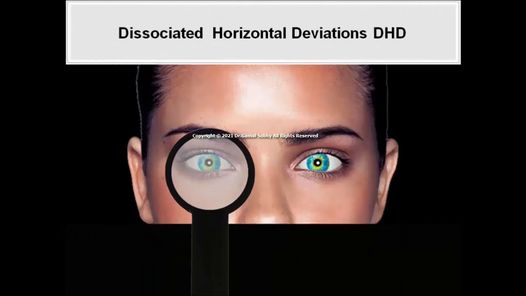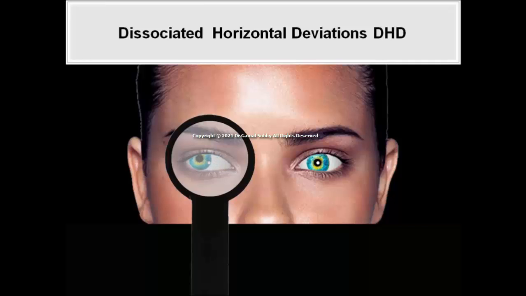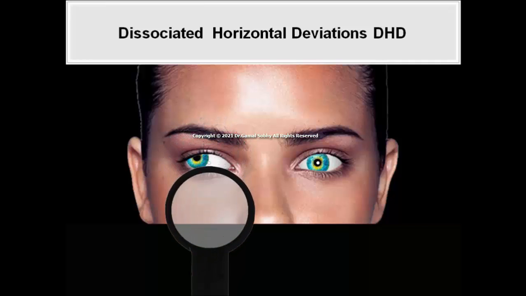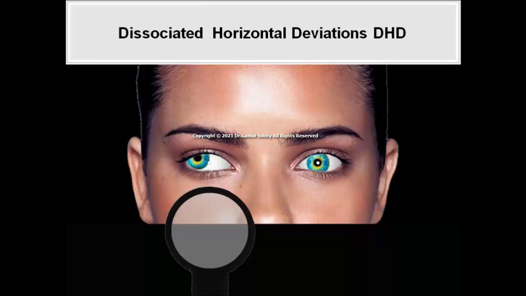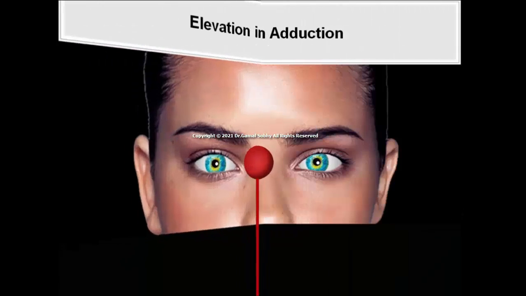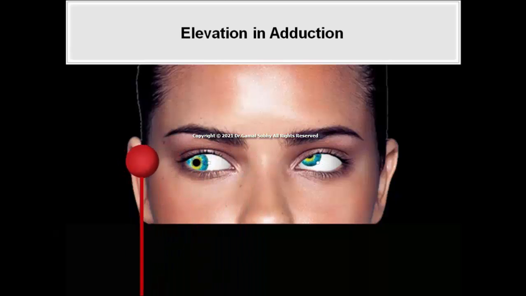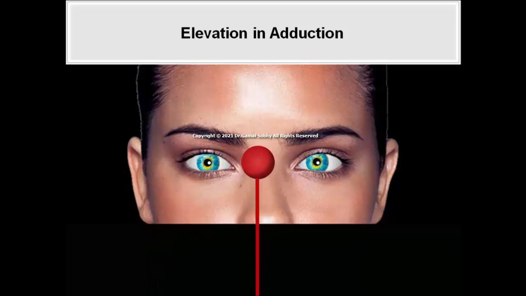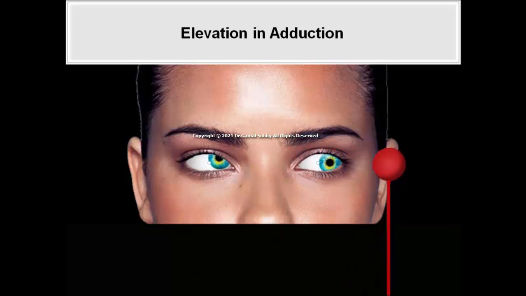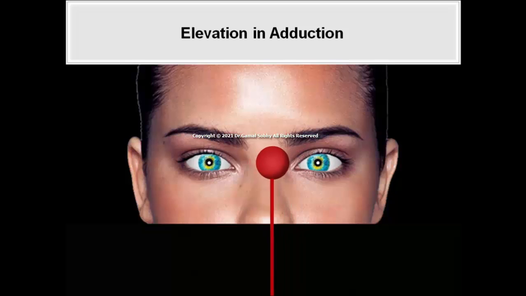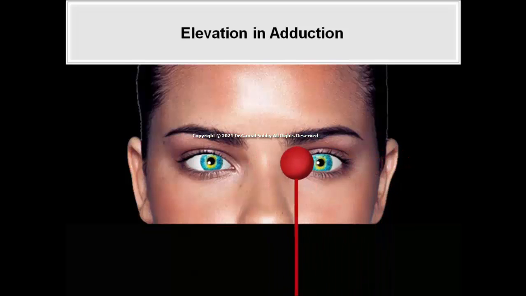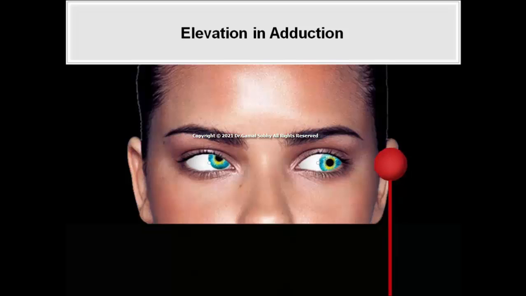Dissociated vertical deviation is characterized by intermittent, asymmetrical abduction and elevation of the dissociated eye. Elevation in adduction may be unilateral or bilateral. Upshoot in adduction in its bilateral form is characterized by left hypertropia in dextroversion and right hypertropia in levoversion. It may appear as an isolated phenomenon or occur with esotropia or exotropia, often associated with a V pattern.